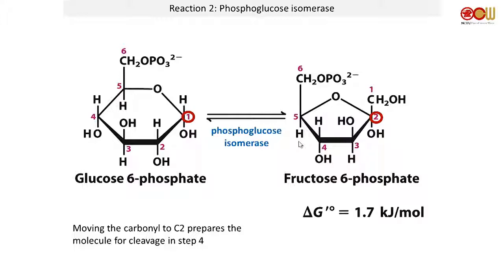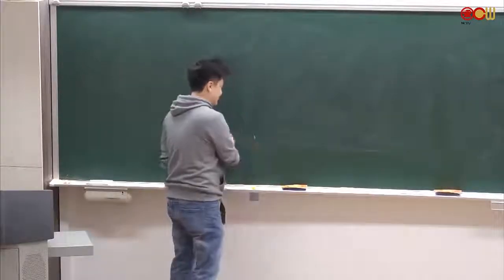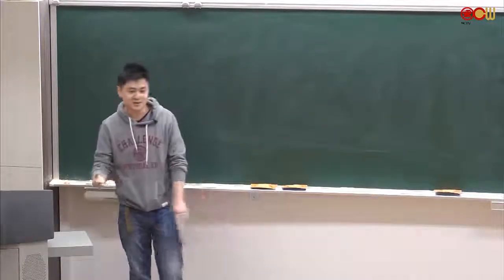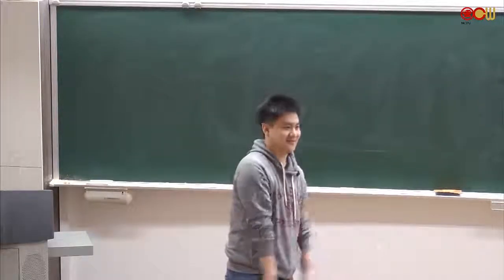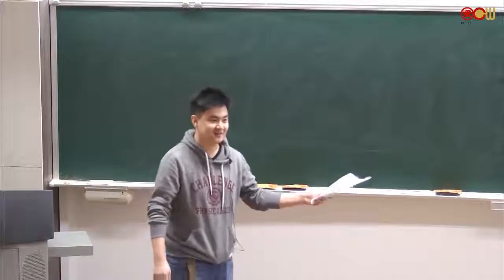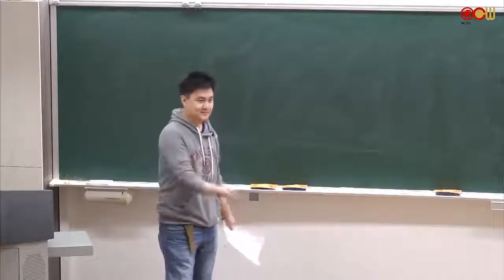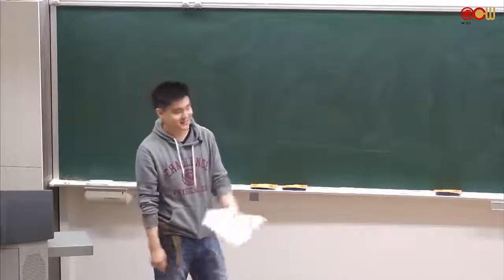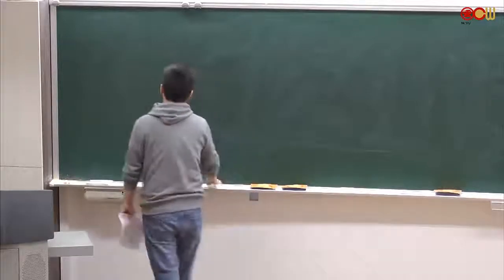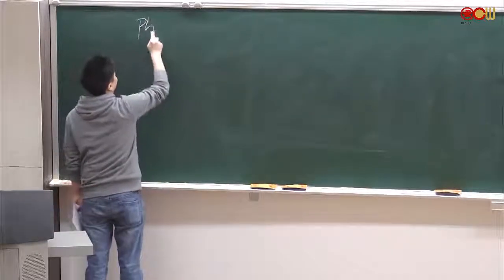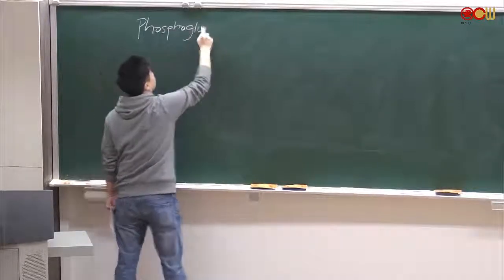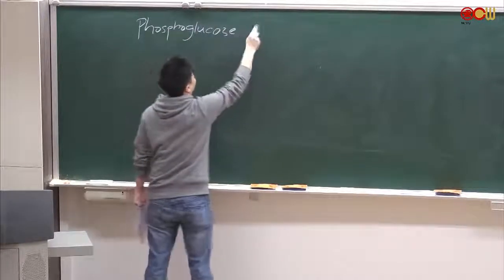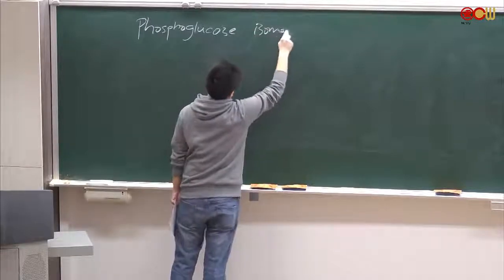Glucose is what kind of sugar, and fructose is what kind of sugar? Glucose is an aldose. Fructose is not an aldose, it's a ketose. So the second reaction is phosphoglucose isomerization, or isomerase.